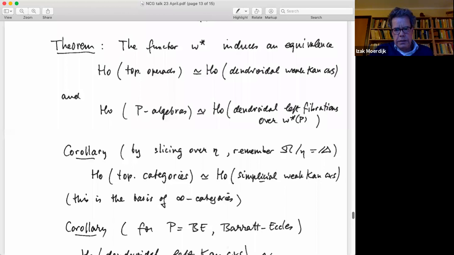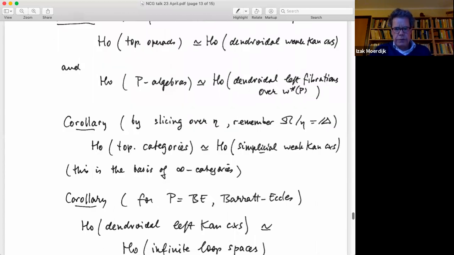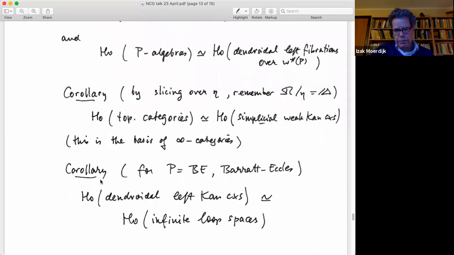And here I also mentioned, for the special case of the Barratt-Eccles operad, you can deduce that because you know that BE algebras are infinite loop spaces, that dendroidal left Kan complexes, they're left fibrations over the Barratt-Eccles operad, but the Barratt-Eccles operad is completely contractible, so you can just erase it, so to speak.